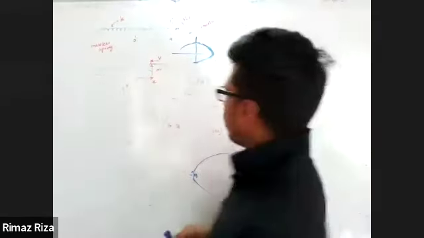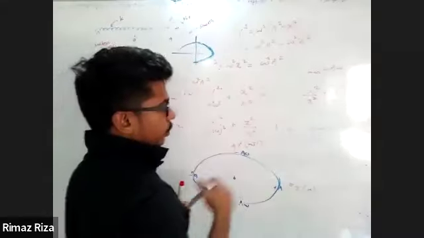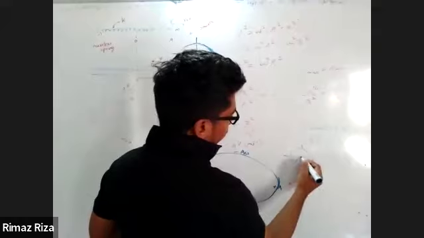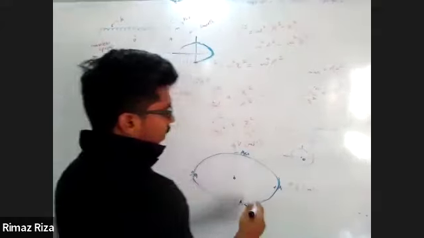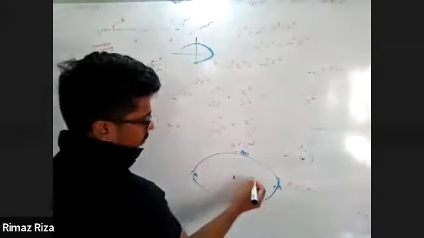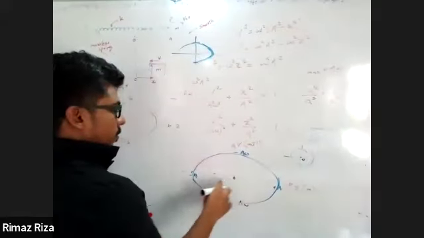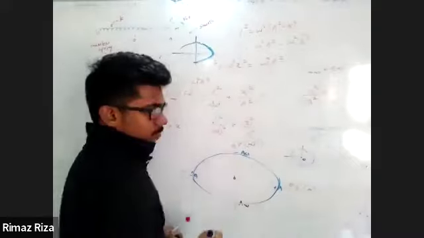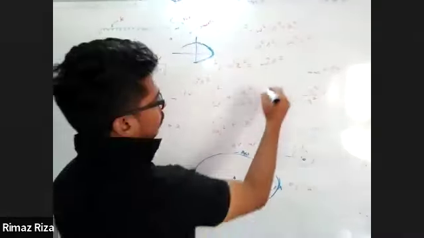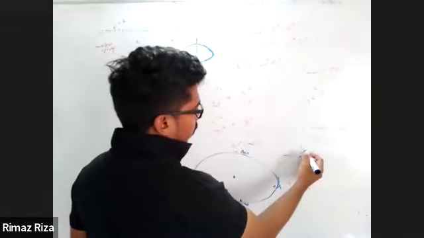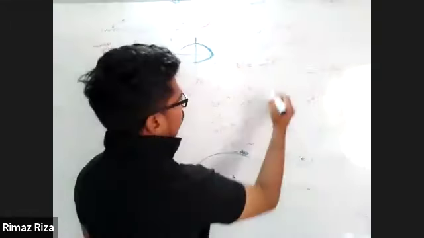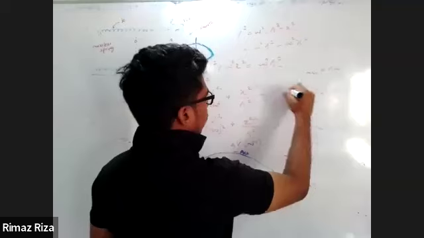And one additional detail I'll tell you, apart from the syllabus. If you take a circle, it has one center, but an ellipse has two centers.